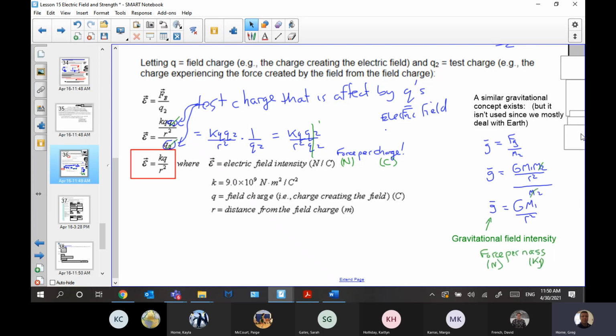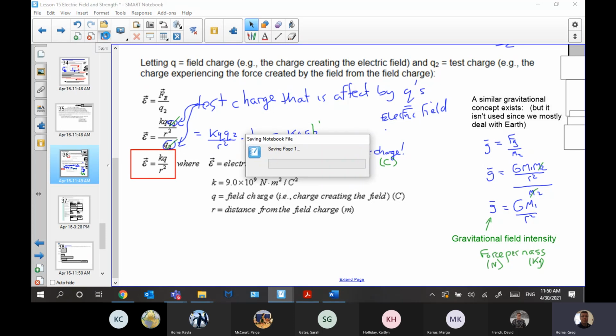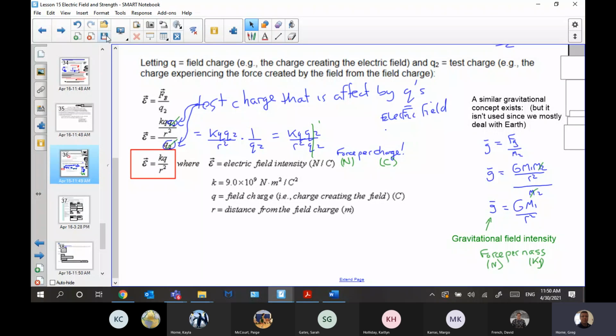So we don't tend to talk about it this way as much with gravity. There's a couple different equivalent things we could say with gravity, but we don't bother. With gravity, it's always near Earth, so we're always dealing with Earth examples, and it doesn't seem as necessary. But with charges, any charge is possible at any time, so you need a little bit more of a way to think about it.